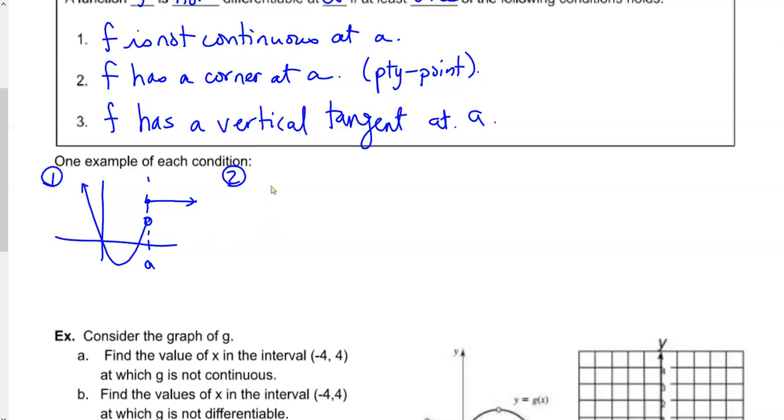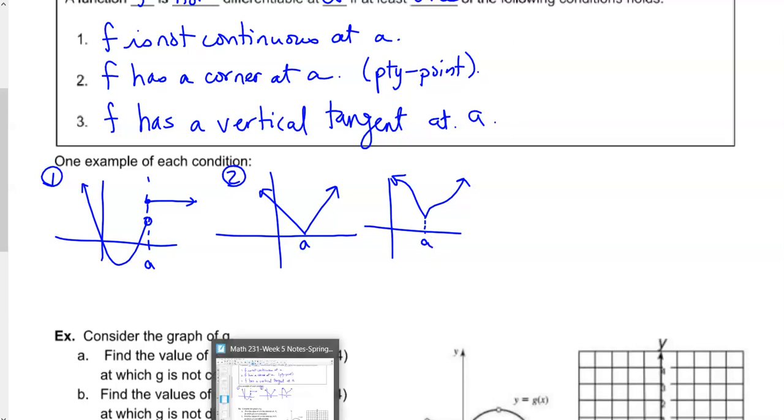Condition 1, condition 2. If I have a pointy point, one of our most frequent graphs is an absolute value graph. This would be my A value where I would not be differentiable. Everywhere else would be differentiable.